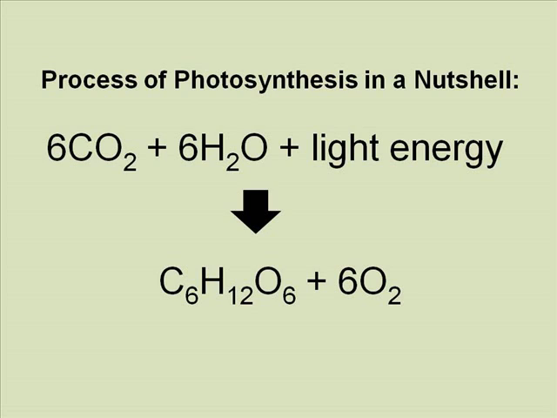It has to take in 6 water molecules and the light energy from the sun. They're all going to work together like the steps in a recipe, they're going to mix together. And we're going to end up with one sugar, which is your C6H12O6. That's called glucose. And we're going to get some waste oxygen. We're going to have about 6 molecules of oxygen left over.